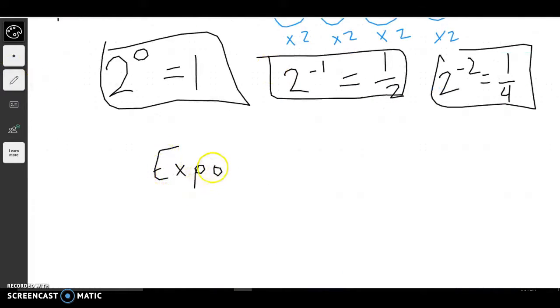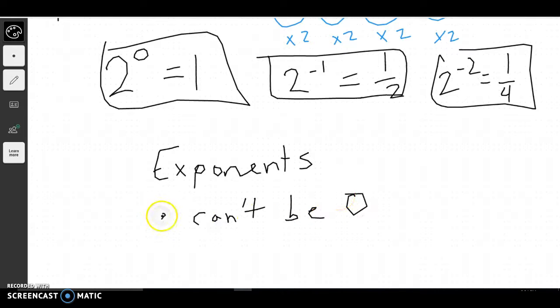Exponents can't make the result become 0, because I can't raise anything to a power and make it become 0. And exponents can't make a number negative if your base isn't negative.